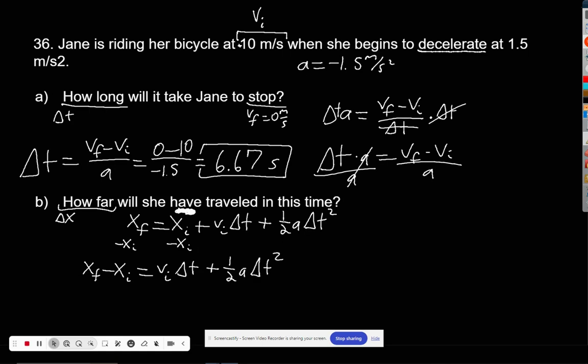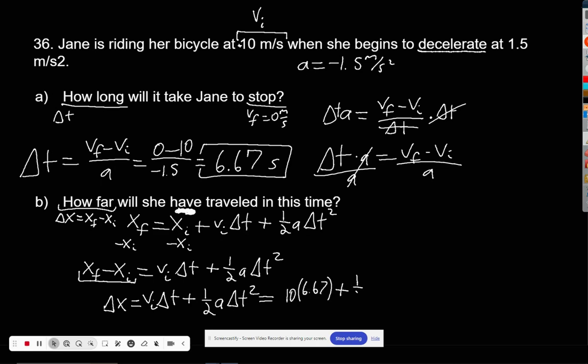Then I just need to remember that xf minus xi is displacement. So I could simplify this, or rather substitute in and just say displacement is equal to all that other stuff. And luckily, we have all that other stuff. Initial velocity is 10. Our time we found in part A, 6.67. Our acceleration, negative 1.5.